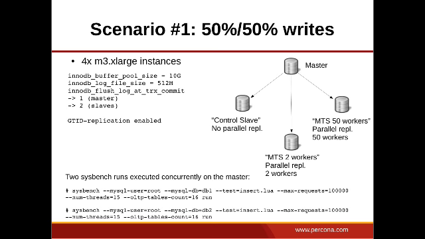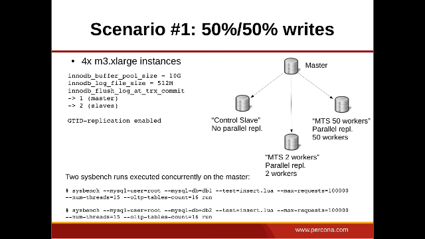In the diagram you have the topology. The master, the control slave, which is the slave with no parallel replication, and then the 2 slaves with multi-threaded replication, named MTS 2 workers and MTS 50 workers. All the tests have been conducted on Amazon EC2. I've used M3 Xlarge instances.